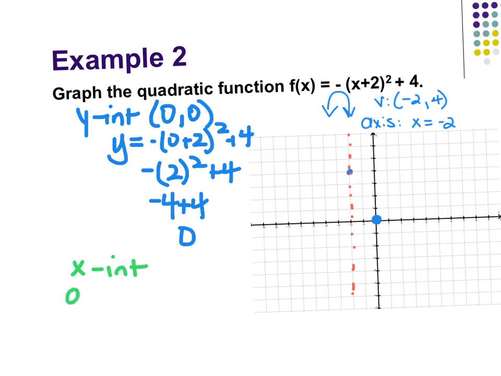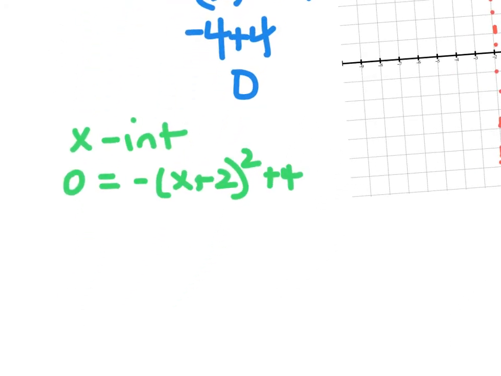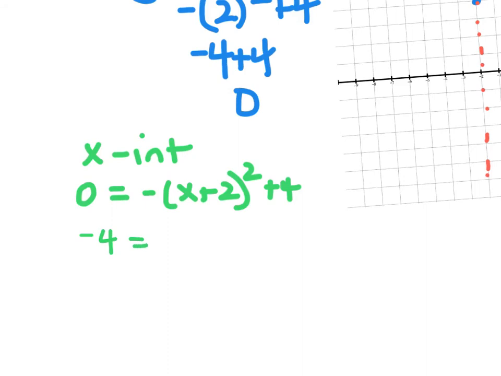So now I say 0 equals negative x plus 2 squared plus 4. Subtract the 4. Multiply by negative 1 on both sides.